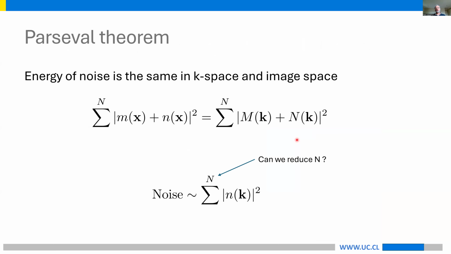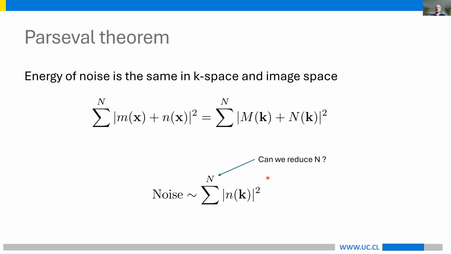Everything starts with the Parseval theorem, or the energy theorem, which tells you that the energy in the K-space domain is the same as the energy in the image space domain. It means that if the noise is not correlated with the signal, the noise is proportional to the sum of all the samples you acquire in K-space. So if you acquire n samples in K-space, you have a noise which is proportional to n.